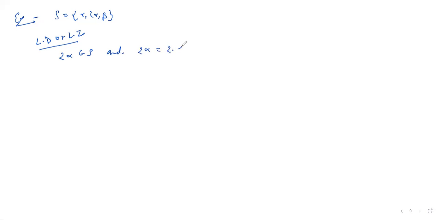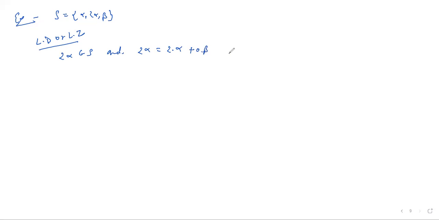Now let's see an example. If I have the set S as alpha, 2 alpha, beta, is this set linearly dependent or linearly independent? You can see clearly that 2 alpha belongs to the set S and it can be represented as 2 alpha equals twice into alpha plus 0 into beta.